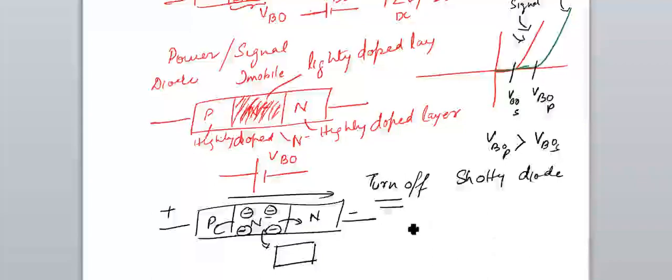Here, once you get turned on, you get extra time. This is the time T, and this is your current I. This is the conduction mode.